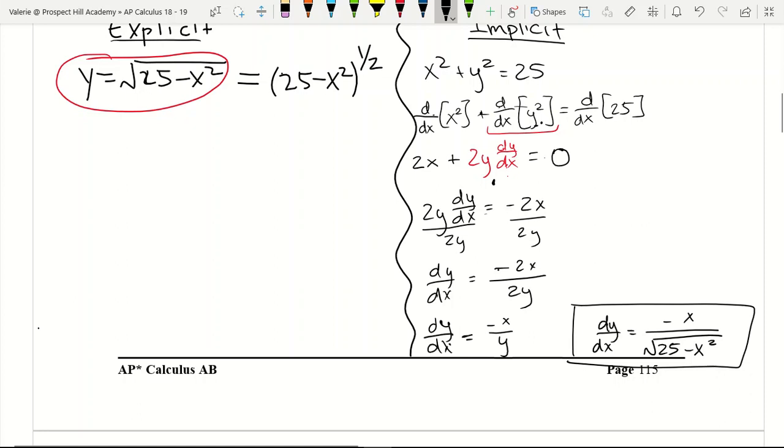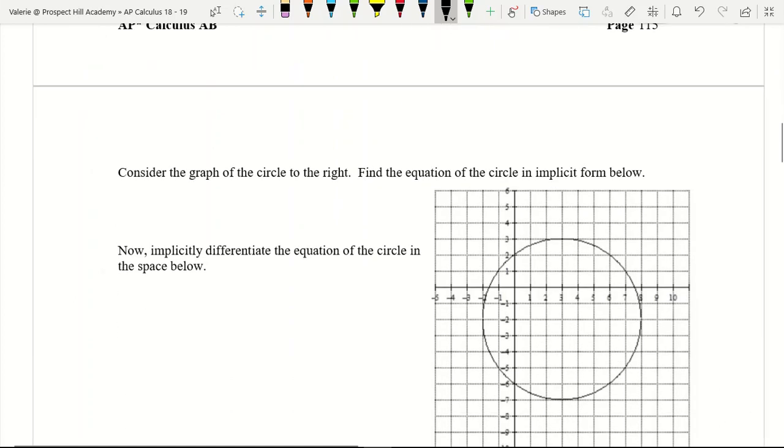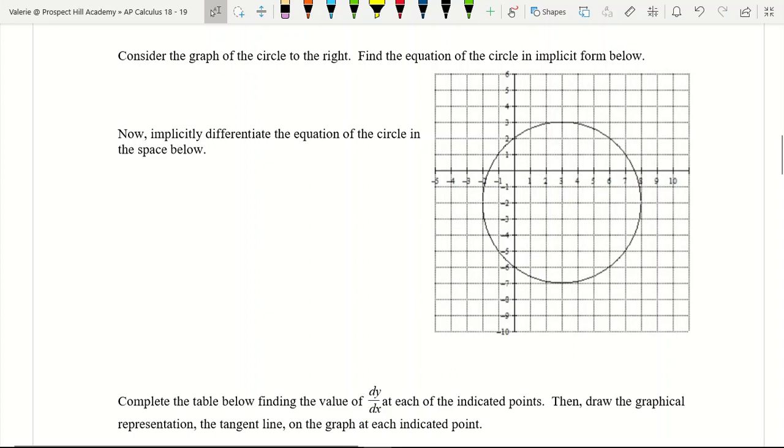Okay, so now let's move on to page 116, where we look a little bit more closely at what dy/dx can tell us. So we're going to consider the graph of the circle to the right and find the equation of the circle in its implicit form. So similarly to what we did in class today, we're going to find the equation of the circle.